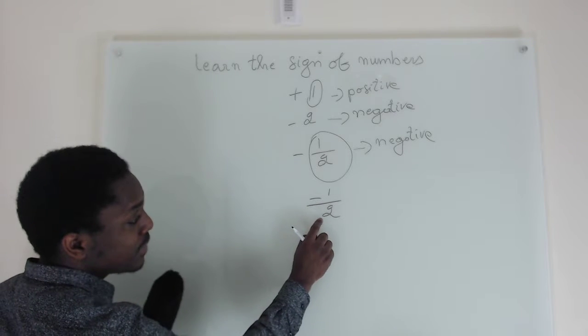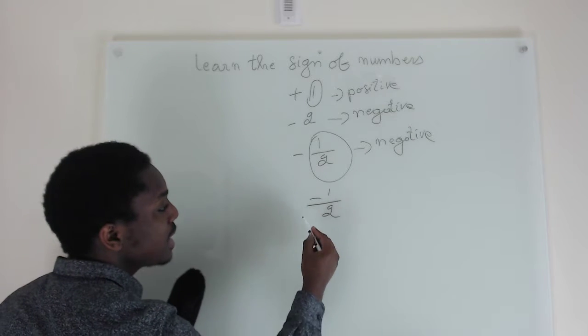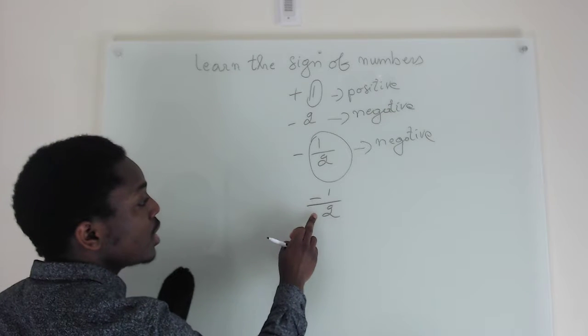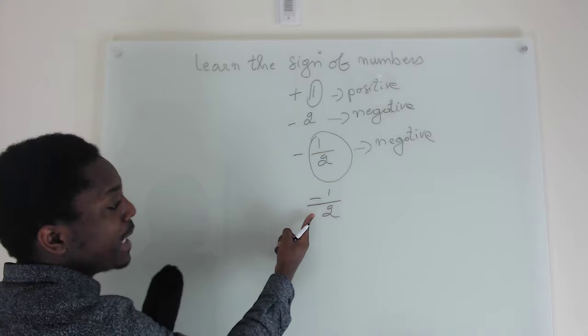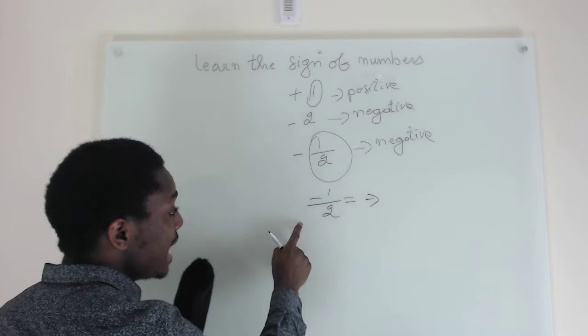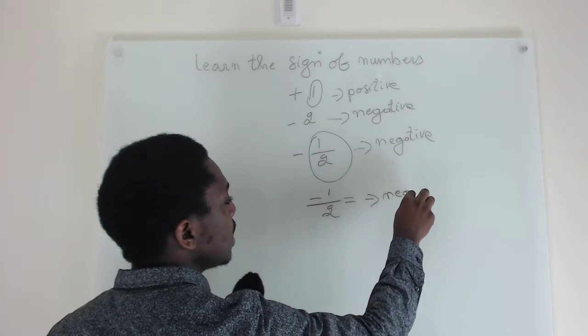Which means if this space is empty, you have to think of it as there's a plus here, but we just don't write the plus. So when you have a negative divided by a positive, the answer is always negative. So the sign of this fraction right here is negative.